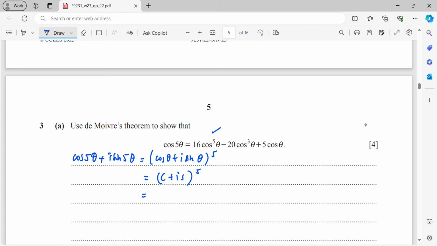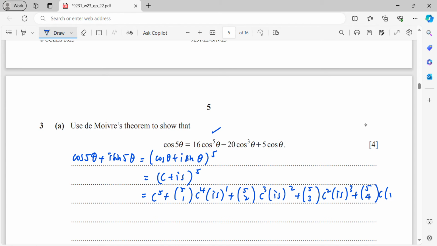So this is going to be c^5 plus 5C1 c^4 (is)^1 plus 5C2 c^3 (is)^2 plus 5C3 c^2 (is)^3 plus 5C4 c (is)^4, lastly (is)^5.